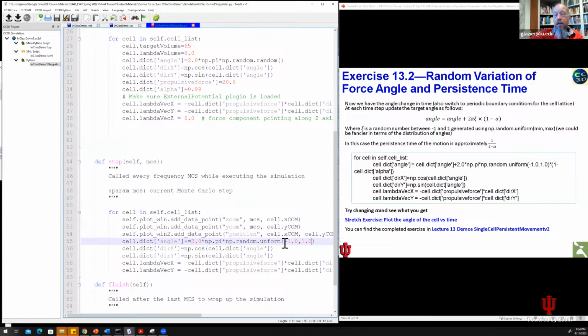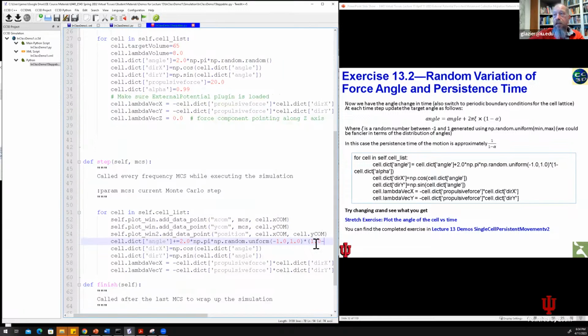If I did that, it would be basically wiping out my angle at every time, so I'm going to multiply by 1.0 minus cell dict of alpha.